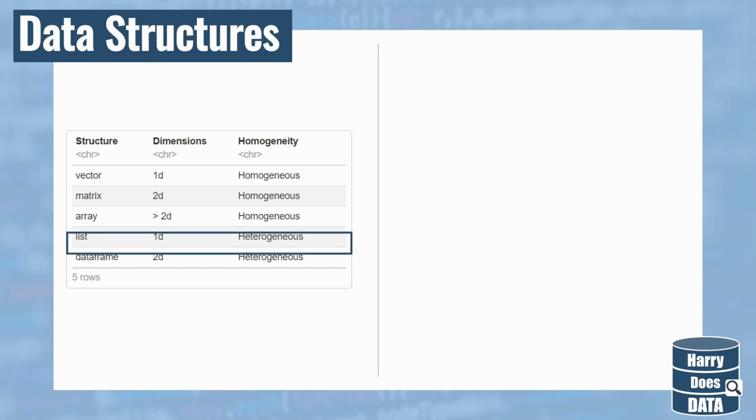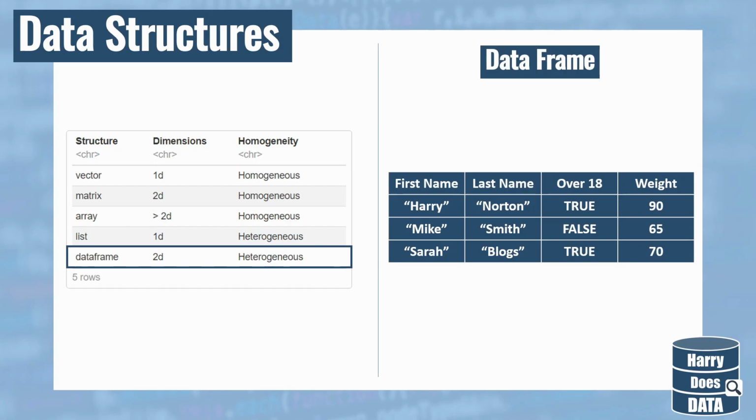And then one step further is a data frame. A data frame will often have headings, so first name, last name, over 18, and weight would be the headings. And then beneath this you can store data relating to those variables. As I said, we'll be looking at each of these data structures in detail over the next few videos, but in this tutorial we're going to focus on vectors.